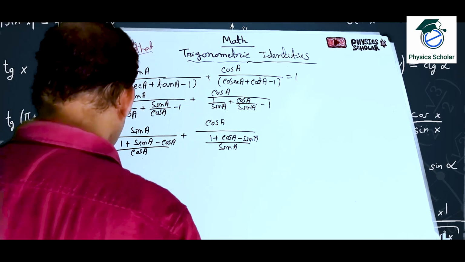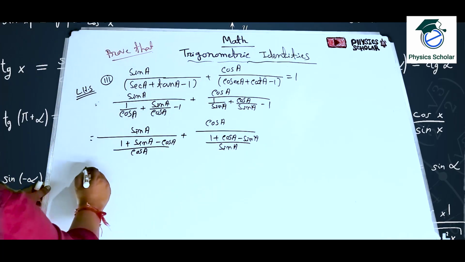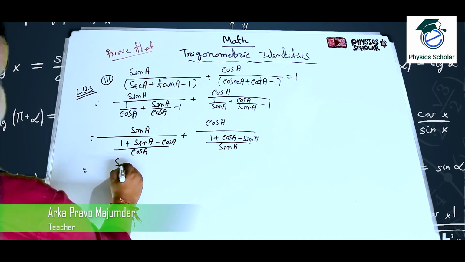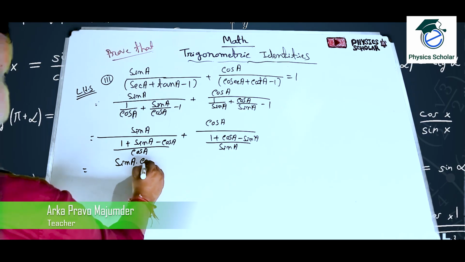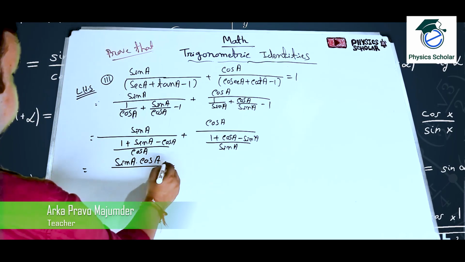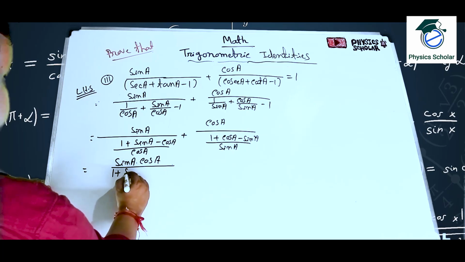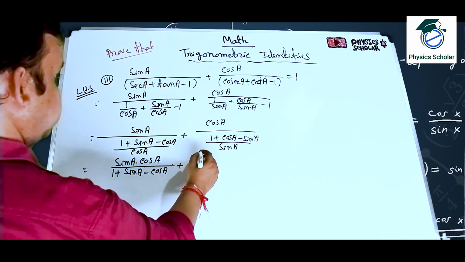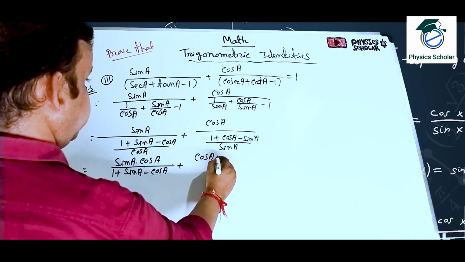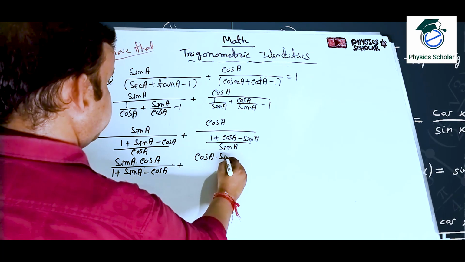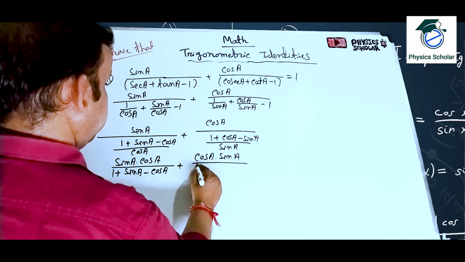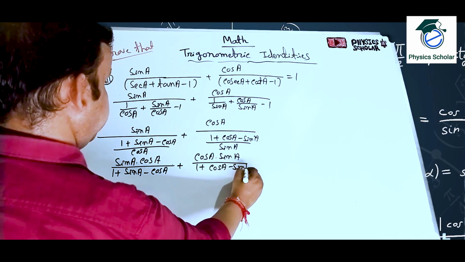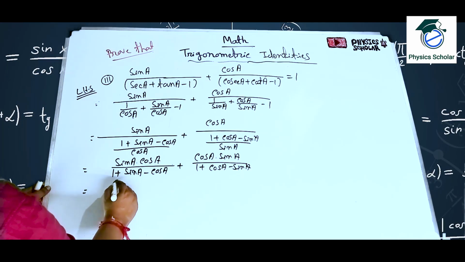Clear? So what we can write? It will be up going here as numerator. So sin A into cos A whole divided by 1 plus sin A minus cos A, plus here cos A into this will go up, sin A divided by 1 plus cos A minus sin A. So what we can write?